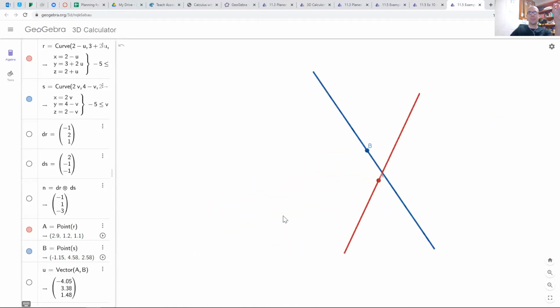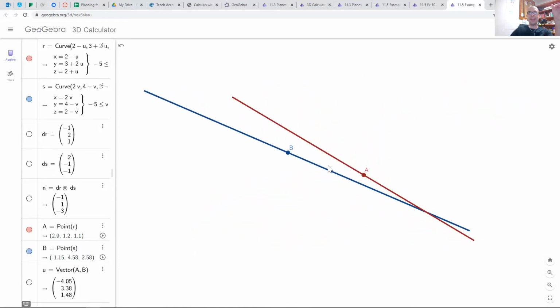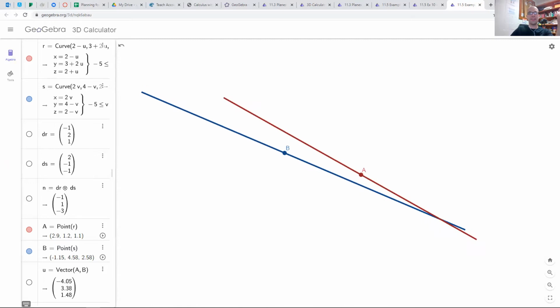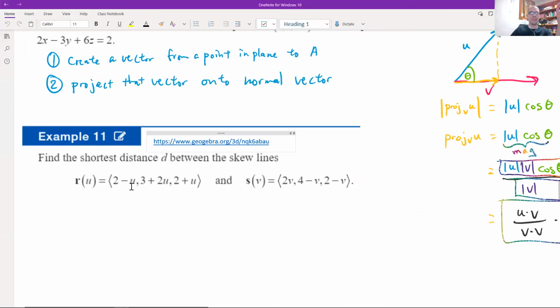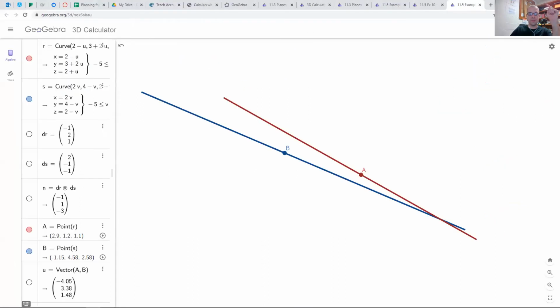Two skew lines in space. A and B are given to us there because these are the coordinates that don't have a variable or a parameter with them. So 2, 3, 2, and 0, 4, 2 are the 2 points, A and B, that are easiest to use.